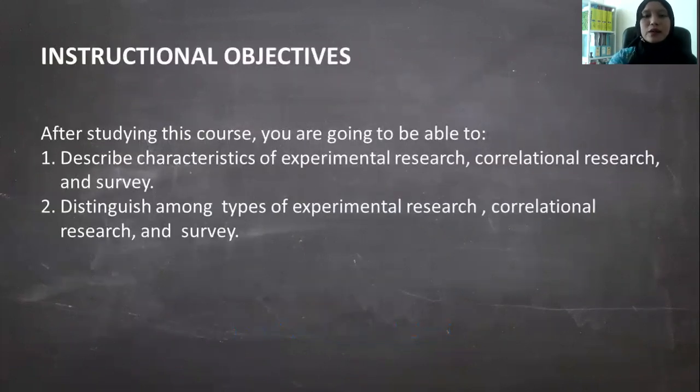Okay, so the objectives of learning this course: after you learn the lesson, you're going to be able to describe the characteristics of the three main methods in quantitative research, as I mentioned: experimental research, correlational research, and survey.